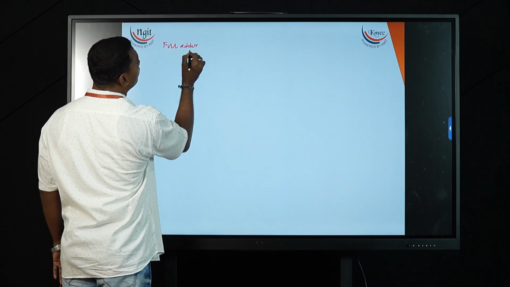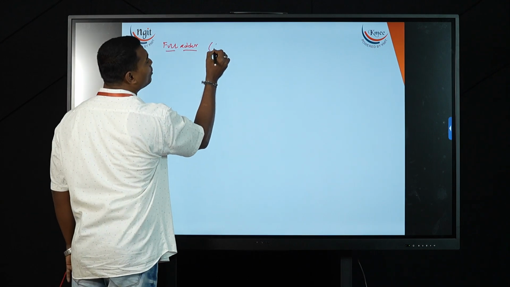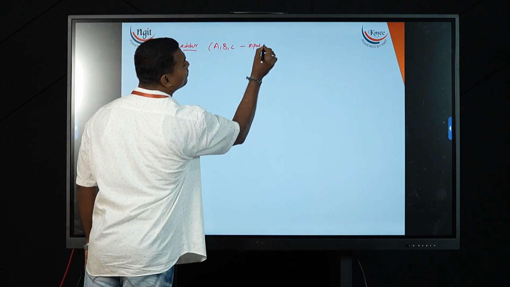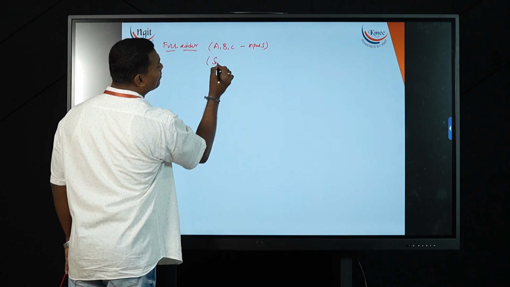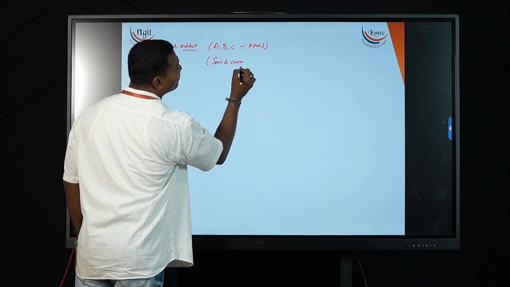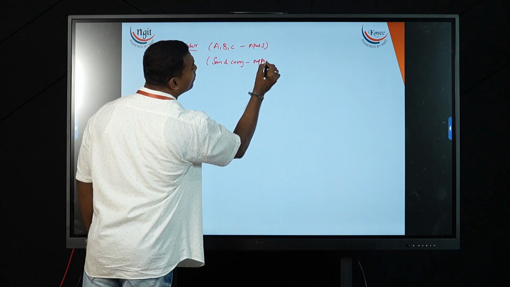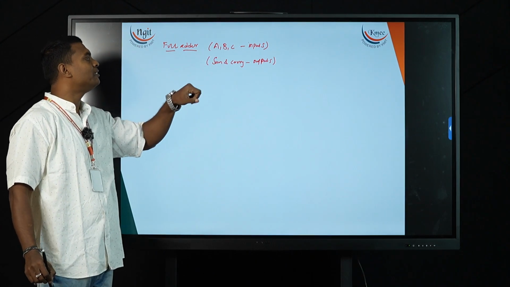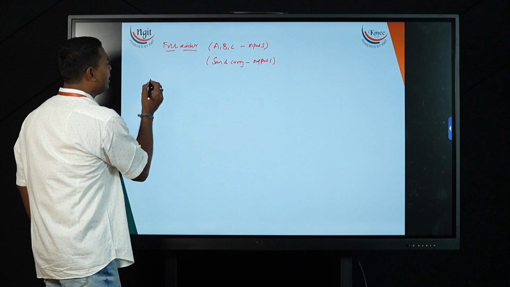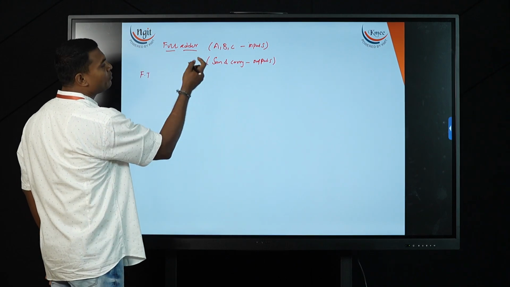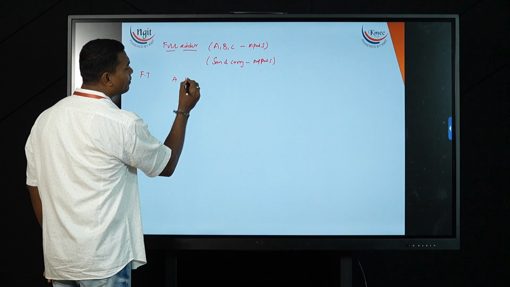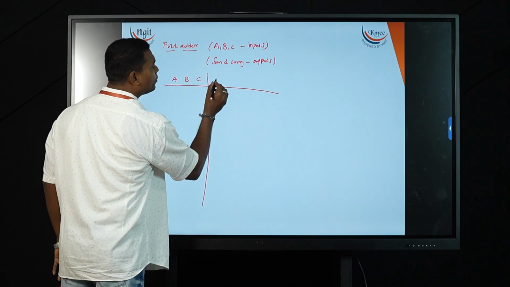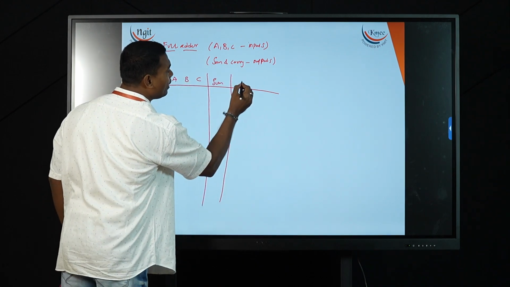In a full adder, I have input bits A, B, C as inputs, and sum and carry as my outputs. I need to perform the addition operation between A, B, C as inputs, with sum and carry as outputs. Now let us draw the functionality table first, the functionality table for my full adder. A, B, C are my inputs first, and next, the outputs are sum and carry.